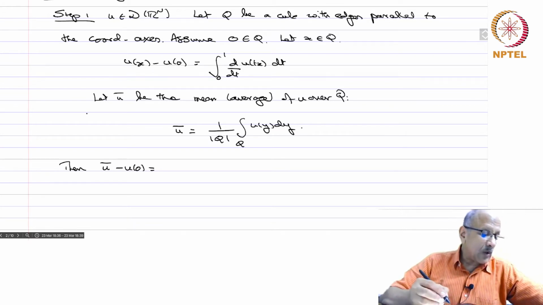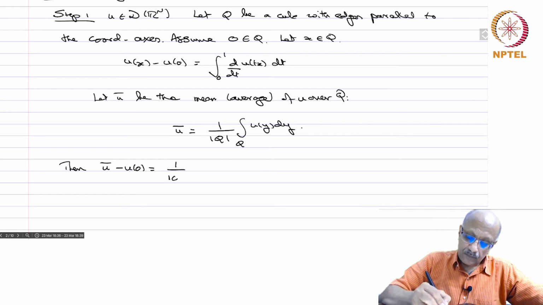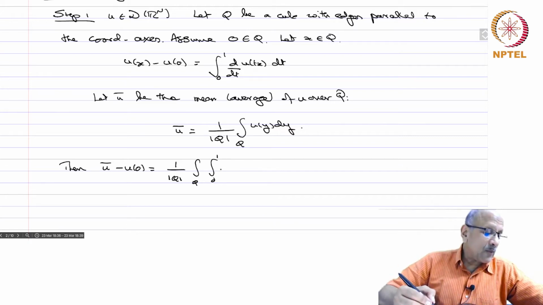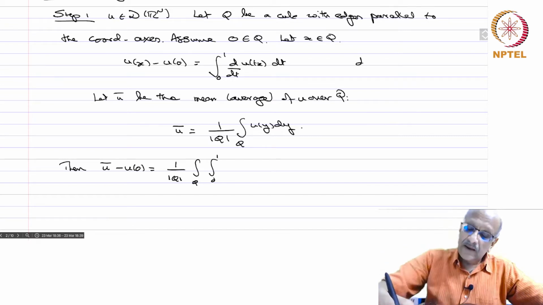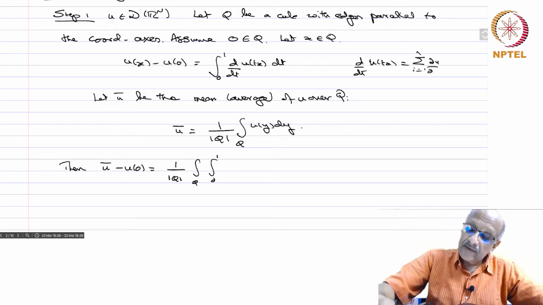So that's equal to 1 by mod Q integral over Q, integral from 0 to 1, and then I am going to take d/dt of u(tx). Now d/dt of u(tx) by the chain rule is sigma i equals 1 to n of du/dx_i at tx times x_i.